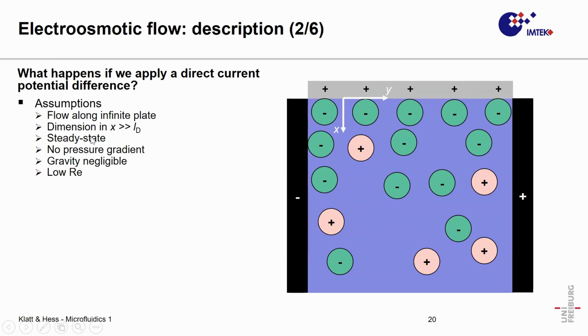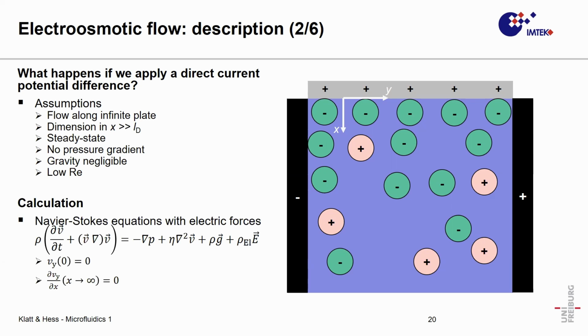We assume that the dimension in x direction is a lot larger than the Debye length. We assume a steady state, so there are no temporal changes. We say that there's no pressure gradient, so the only driving force will be the electrostatic, the electrokinetic effects. We neglect gravity, and we assume that there's no turbulence, so that we are only looking at low Reynolds numbers.